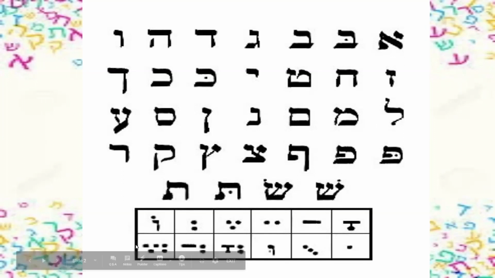These are our vowels. The word for vowels is Nikud, plural Nikudot.